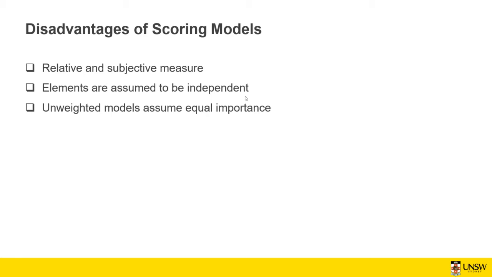When you score one, the score that you give it can affect the other one. But the way that you do the scoring model, it's independent of the effect of each factor on the others. That's something that you need to keep in mind. And also, unweighted models, which are not preferable, assume equal importance for each factor.